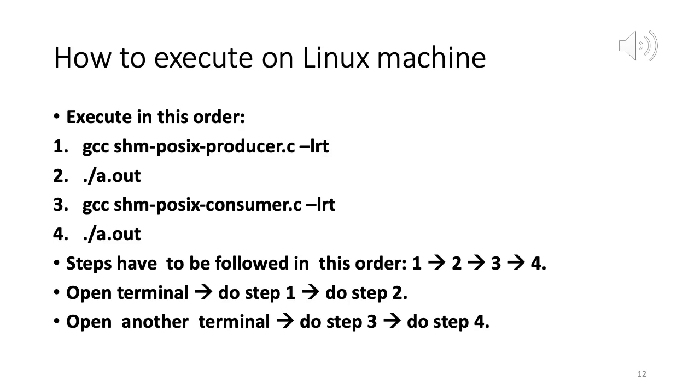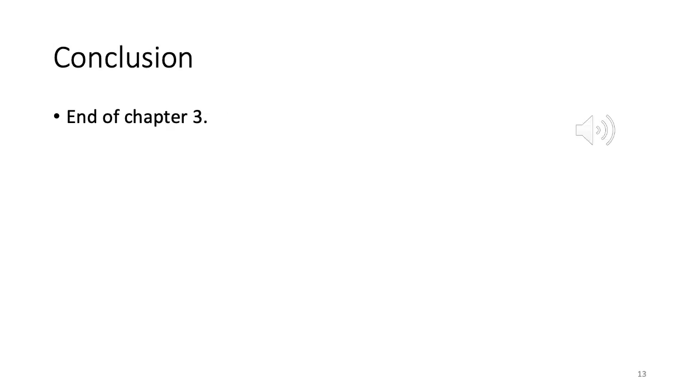So this was our example of shared memory. I hope you found this interesting, and I hope you understood. Okay, so now I am on the last slide, and this ends our chapter number 3. So what did we learn in this chapter?